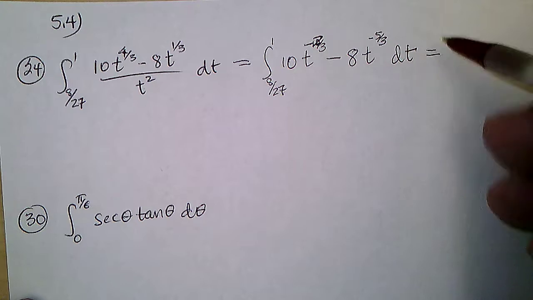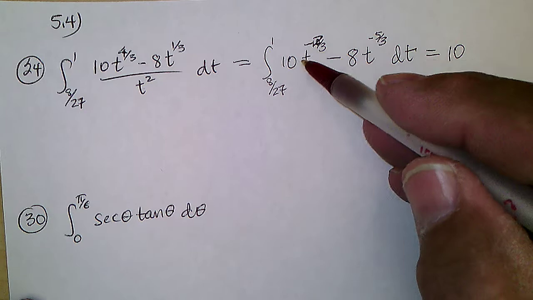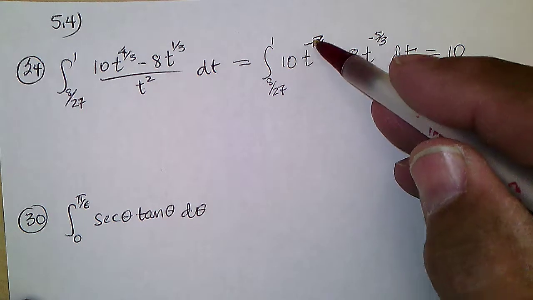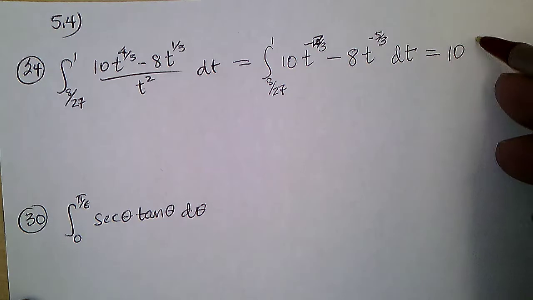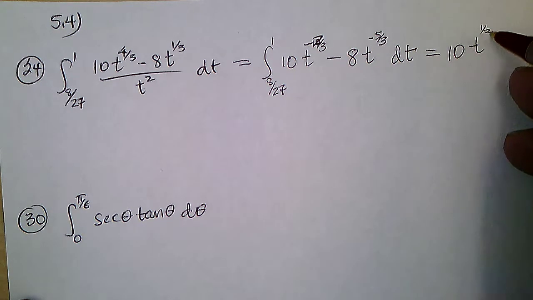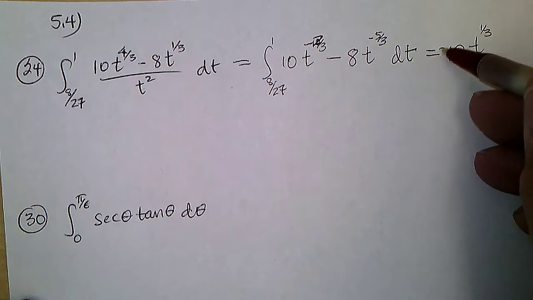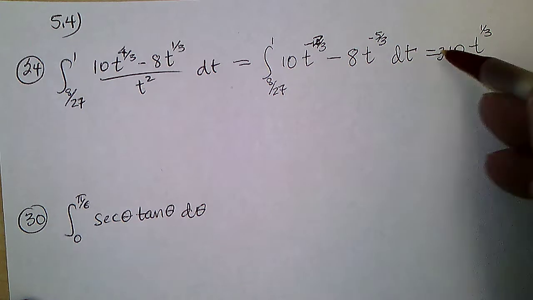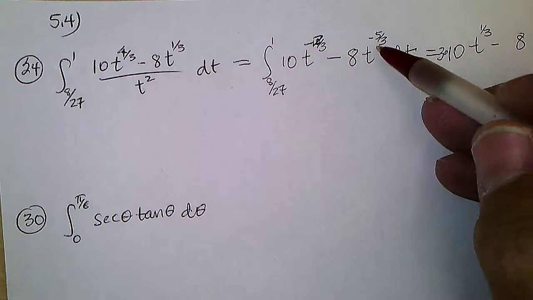And this becomes 10 and t to the minus 2/3, add 1 to it, becomes t to the plus 1/3. And divide by 3, which is 1/3, which means multiply by 3. So it's 30t to the 1/3 minus 8.